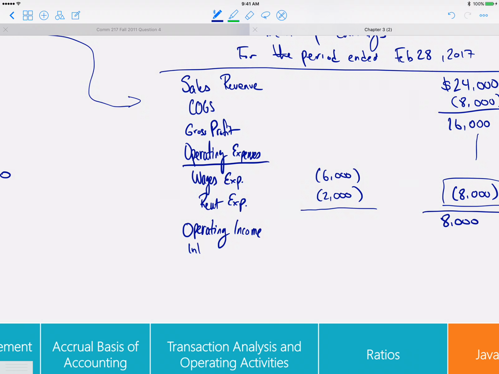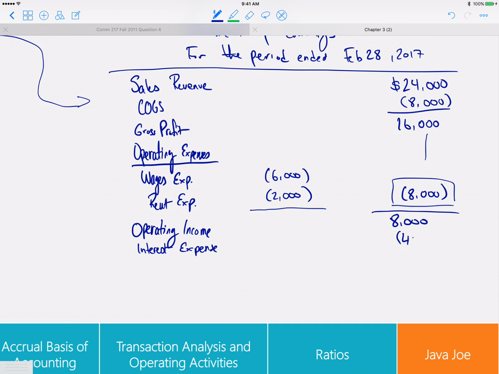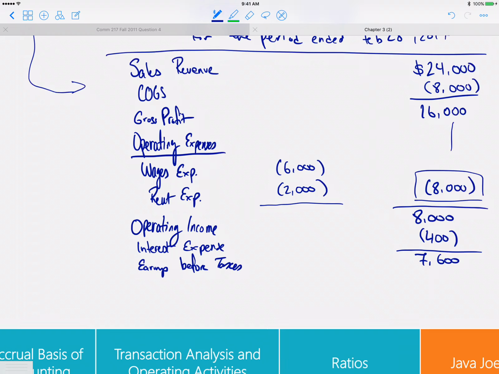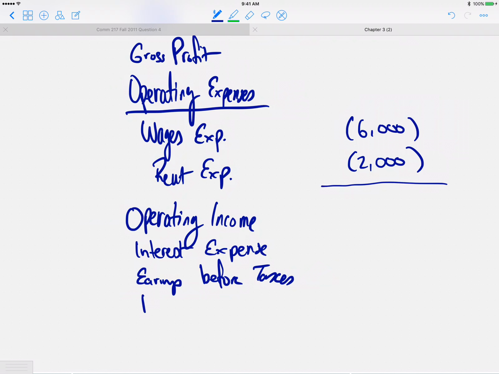So interest expense, 400, and this gives us our earnings before taxes of $7,600. So right now we have our earnings before taxes, and we're going to now need to calculate our income tax expense.